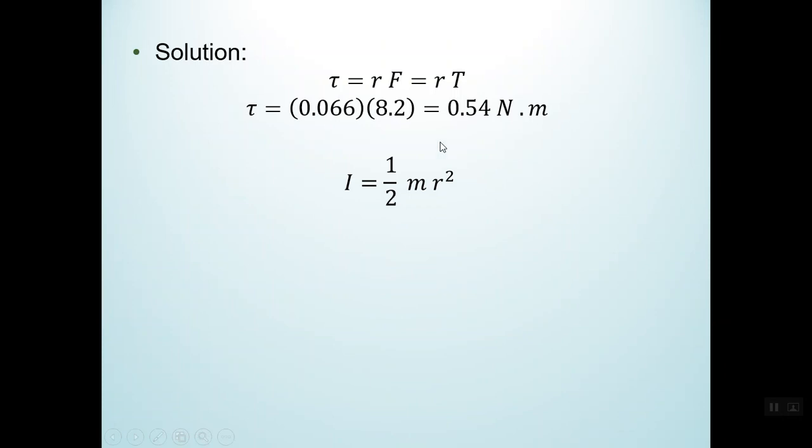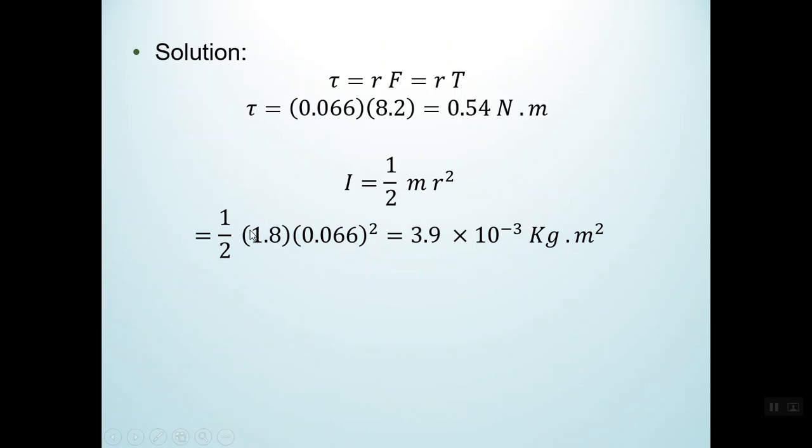And the moment of inertia I is equal to half m r squared. Substitute the numbers, we can find the moment of inertia I is equal to 3.9 times 10 to the power minus 3 kilogram meter squared. Now, the general definition is tau is equal to I times alpha.